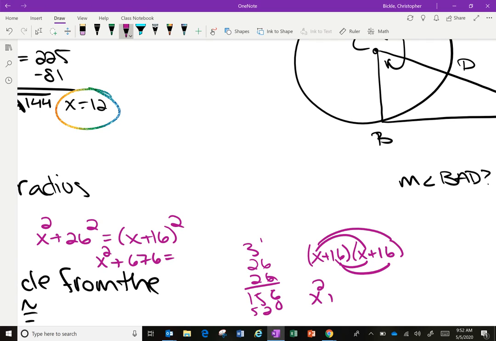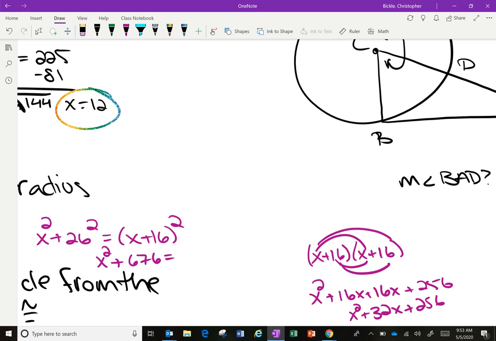And we ended up with x squared plus 16x plus 16x. 16 times 16 is 256. So that ends up being x squared plus 32x plus 256. Again, all I did there, guys, we used FOIL, we used the distributive property, however you guys want to think about that. So I'm going to erase my 26 squared here so I don't run into myself. And then we're going to write this as x squared plus 32x plus 256.